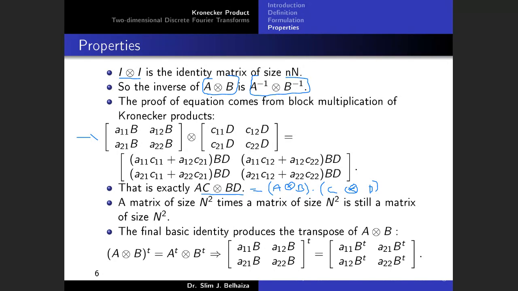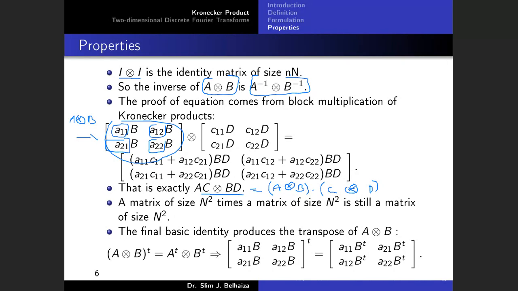What I'm writing here on my left is the Kronecker product A⊗B. Imagine the first row of A is A11, A12, and the second row is A21, A22. If I perform the Kronecker product, I get the following matrix.